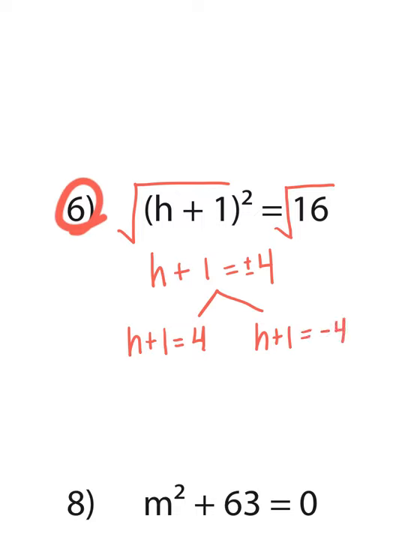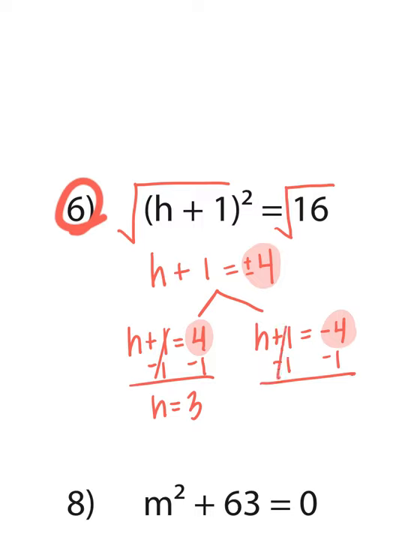And again, my positive and negative came from here. One of each. 1 plus, 1 minus. And then I'm simply going to solve for h on each one. So I subtract 1 from both sides. I get h equals 3. I subtract 1 from both sides here. And I get h equals negative 5.